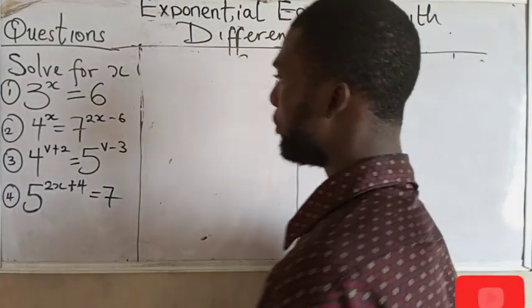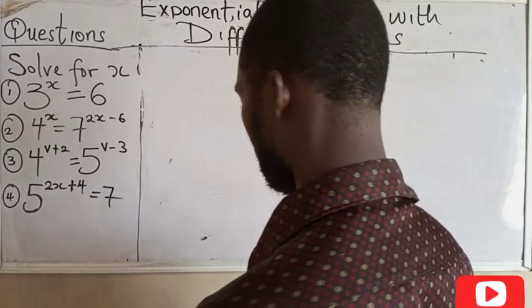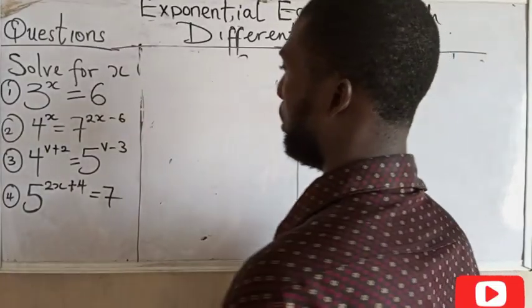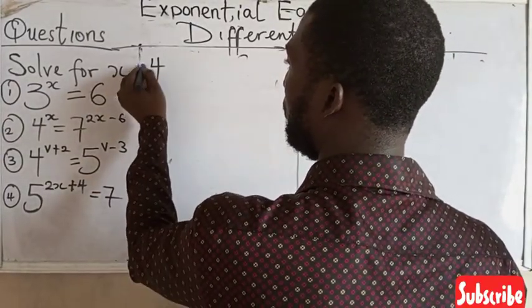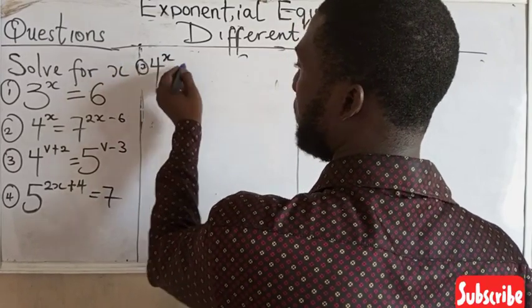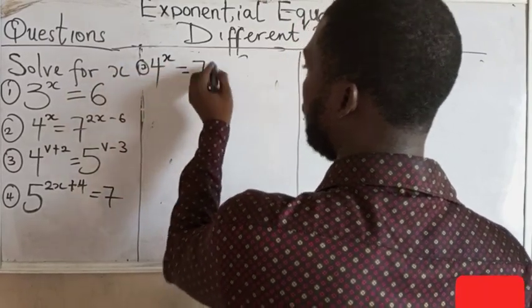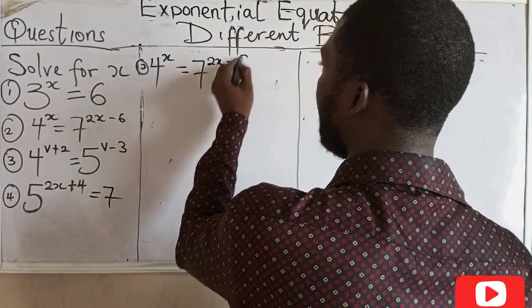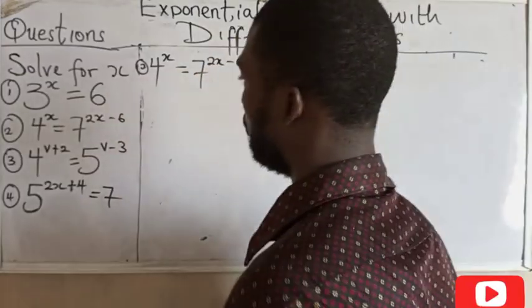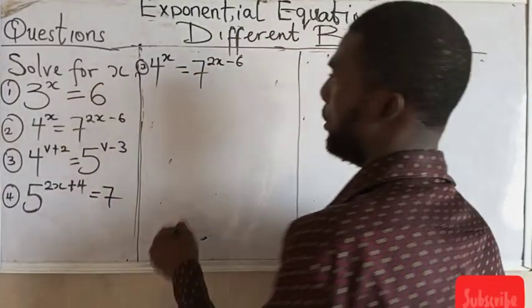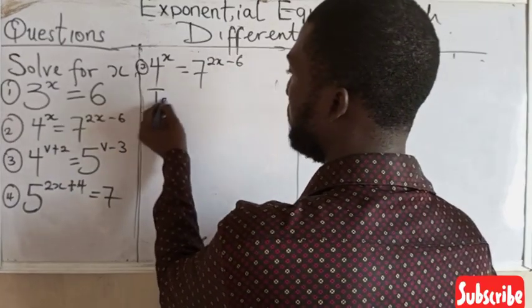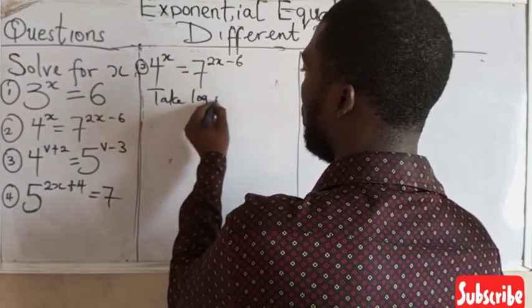Now, number 2 question says 4 raised to power x equals 7 raised to power 2x minus 6. So we are going to follow the same pattern. So we take log on both sides.